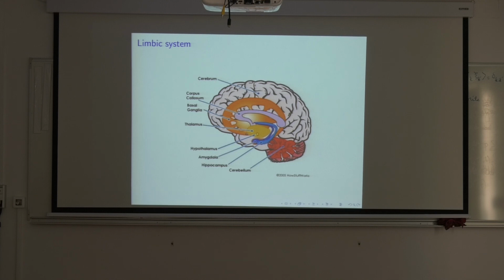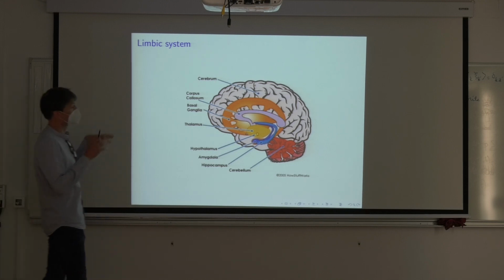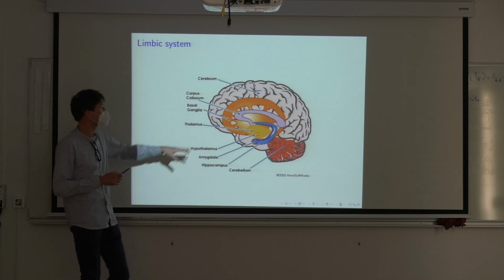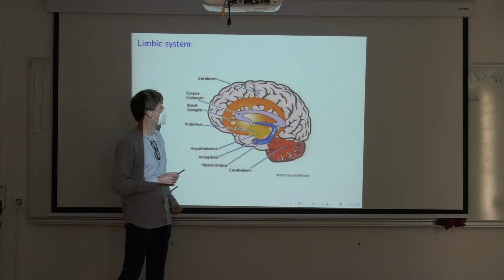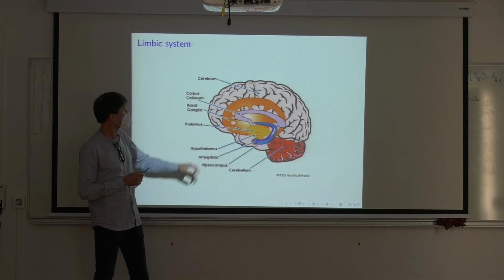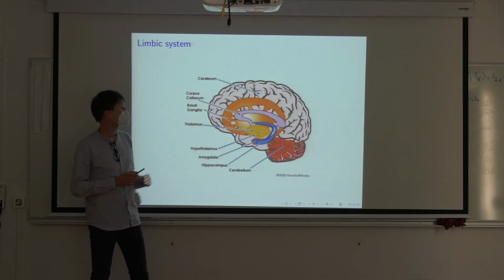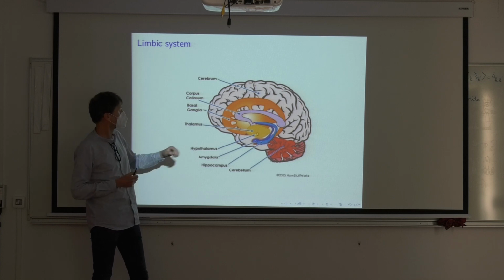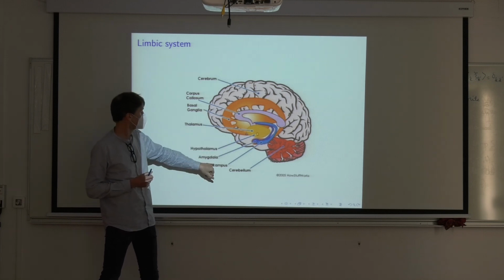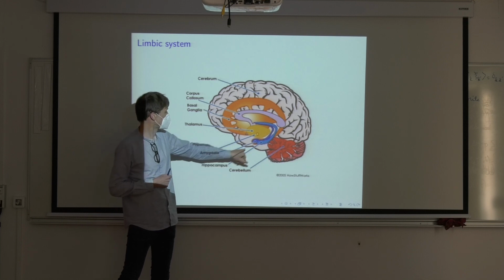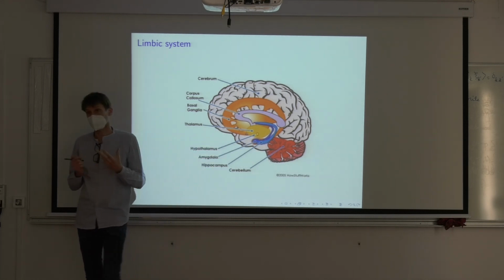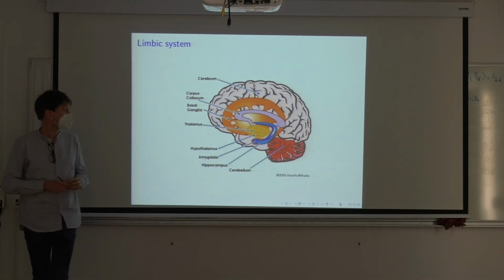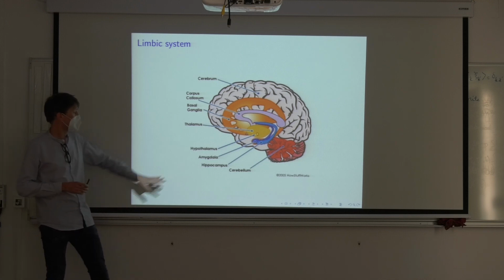Also, other parts of the brain that we haven't seen so far are deep inside the brain. So now this is a view from inside the brain, and we have a number of structures that I will not be detailing all, but let me just mention the hippocampus, which is a very important structure for memory. We'll talk about it in more detail later.